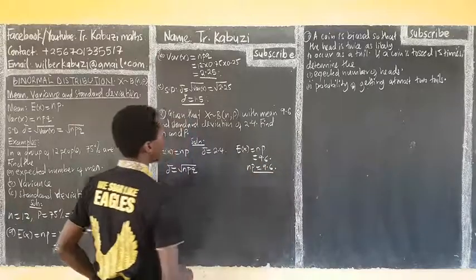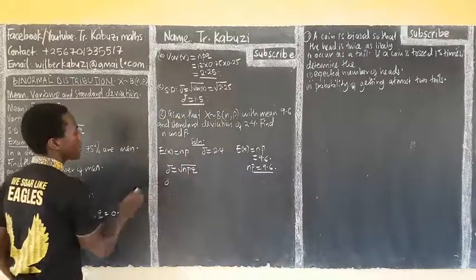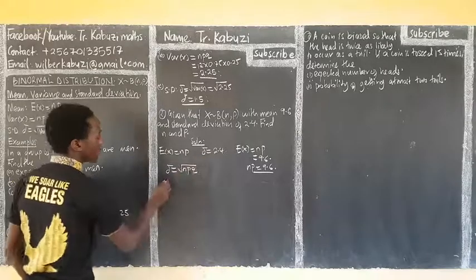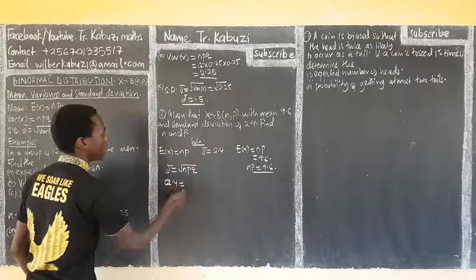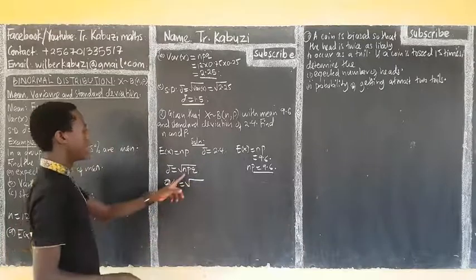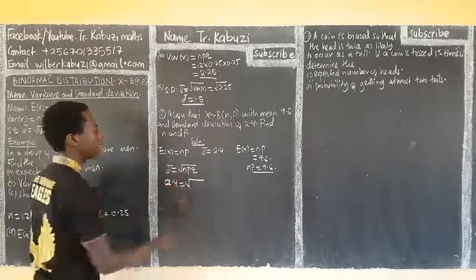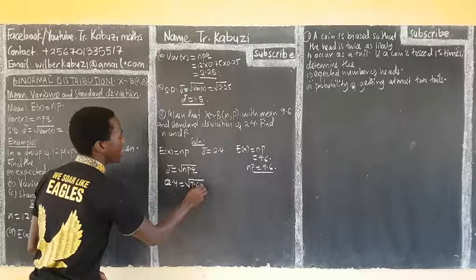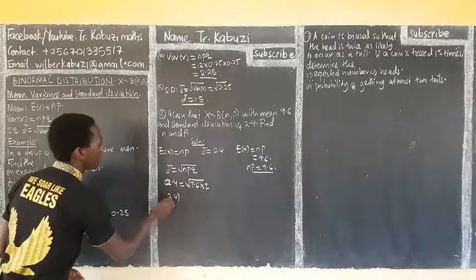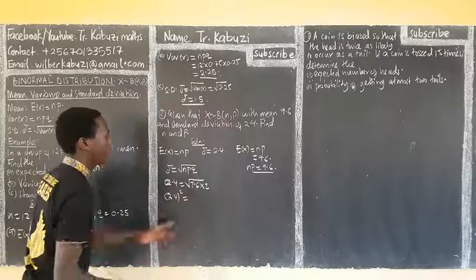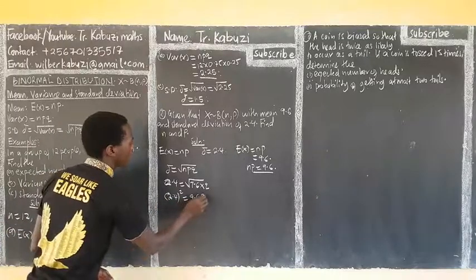Our standard deviation was given as 2.4, so the square root of npq is 2.4. Square both sides, we have 2.4 squared equal to 9.6 times q.